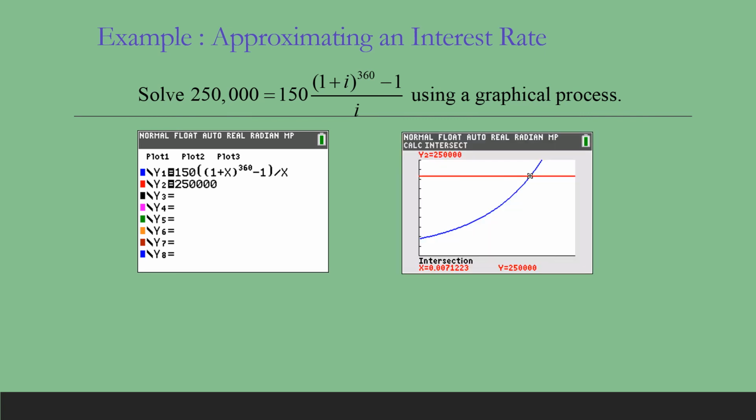We can graph and then find the point of intersection of this and the line 250,000, and that point of intersection will give us the result. So i will be 0.00712223. Since i is treated as x in our graphing calculator, that value of x will be the value for i.